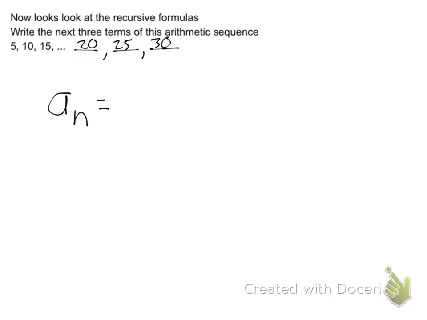If a sub n is my term now, or the term I want, what would the term before it mean? Okay, think of this. A5. A5 is term 5, yes? What's the term before it? What would it be as in A what? A4. And the term before A4 is A3. And then A2, A1.